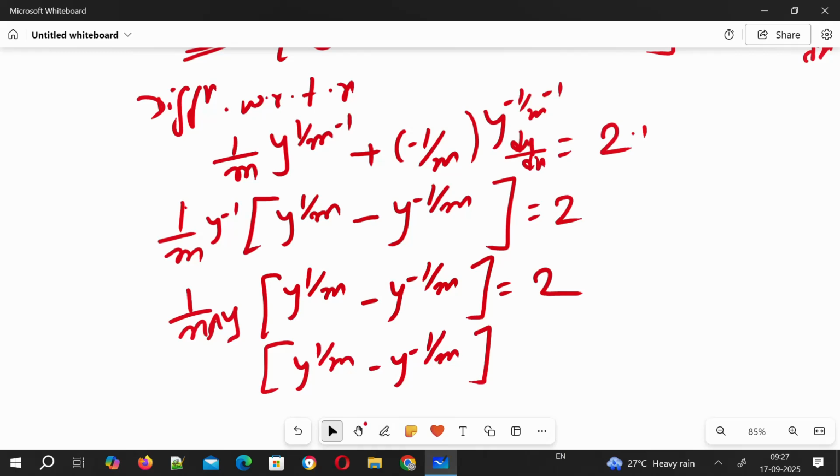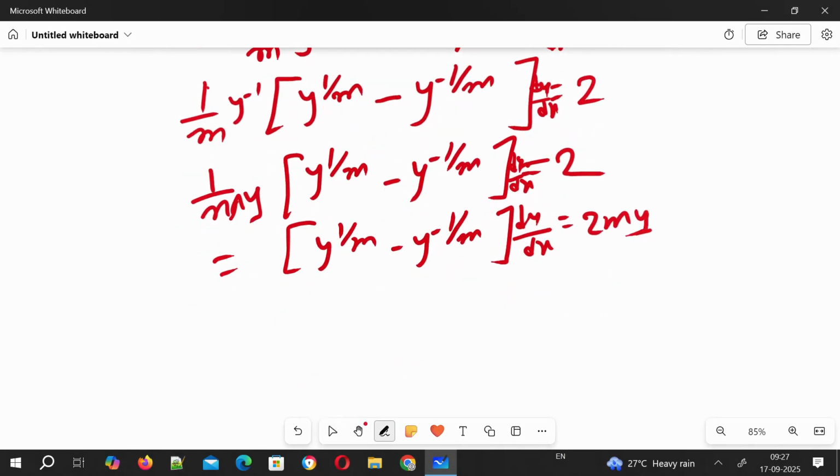So dy by dx is there in this equation, and here also dy by dx, because once you differentiate y with respect to x you write dy by dx. Here is also dy by dx, and 2 m y.